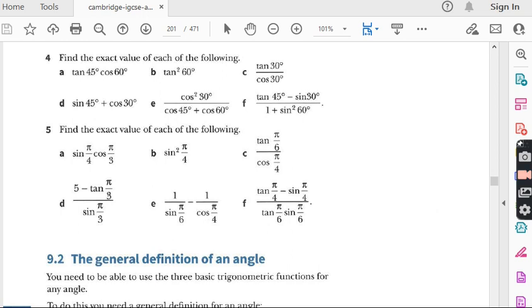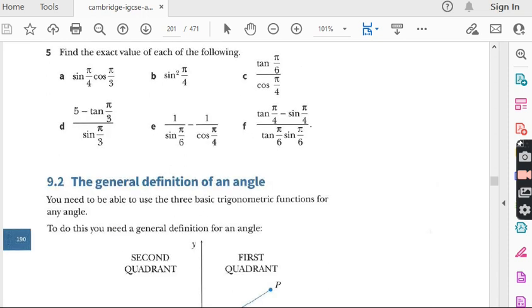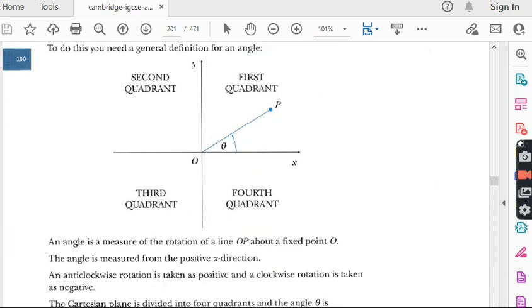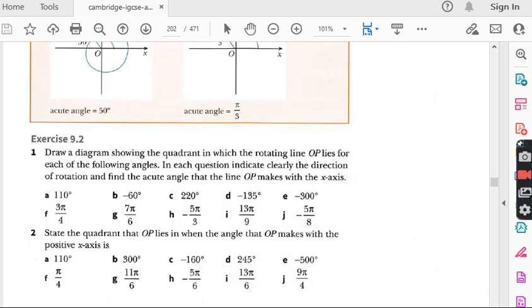The next is more important than 9.1: the general definition of an angle. We just talked about acute angles today, but we will do all types of angles in our next lecture. But believe me, it's a very easy exercise, a very easy chapter.